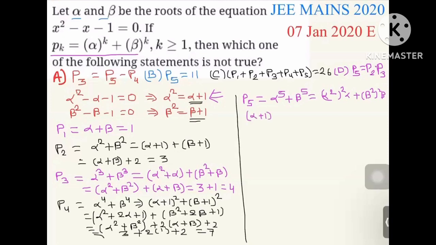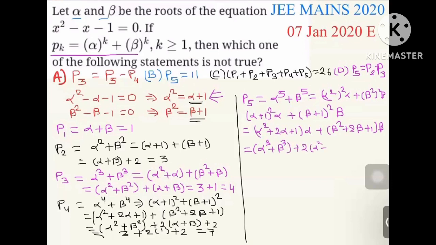So alpha plus 1 whole square into alpha plus beta plus 1 whole square into beta, or you can write as alpha square plus 2 alpha plus 1 times of alpha plus beta square plus 2 beta plus 1 times of beta. Or let's take alpha cube term together. You can write it as alpha cube plus beta cube plus twice of alpha square plus beta square plus alpha plus beta.